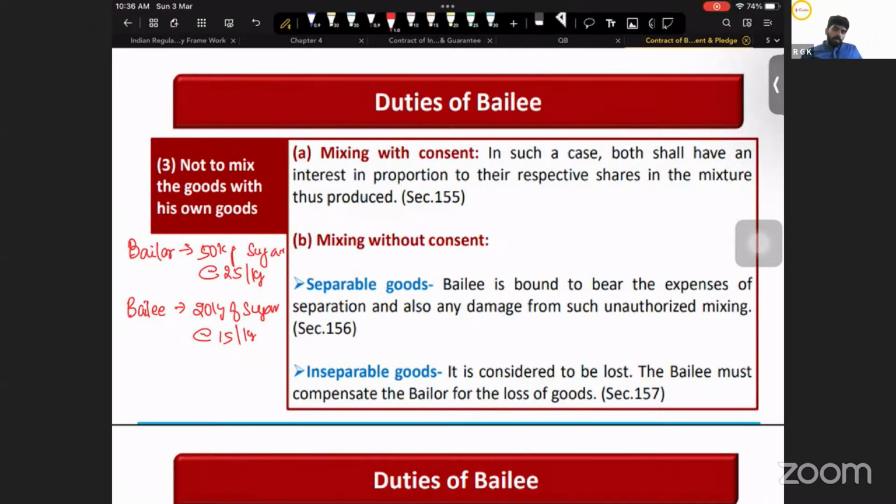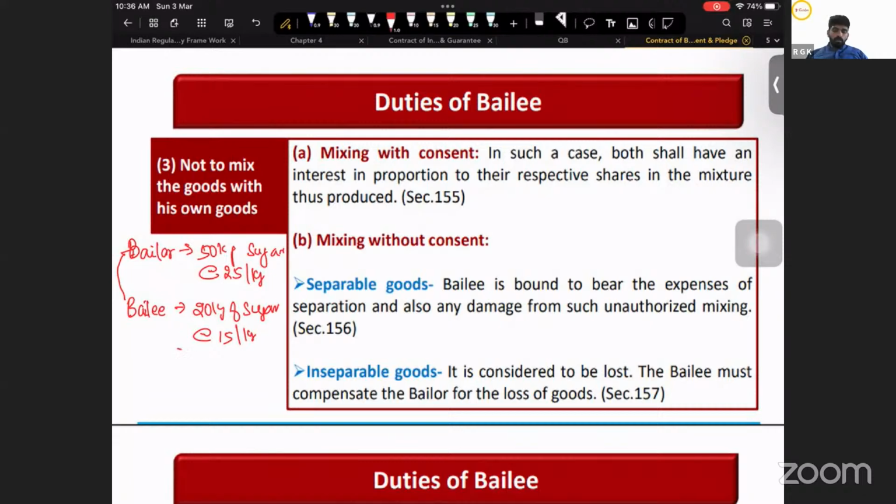Now, the first situation we are analyzing is very simple. If bailee mixes the goods with the consent of the bailer, since bailer has also consented, both the parties are in agreement. So both bailer and bailee will have interest in proportion to their respective share in the mixture.